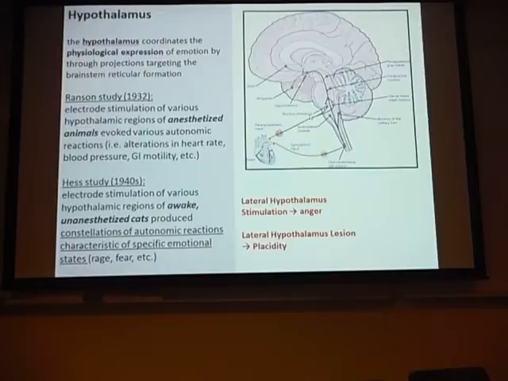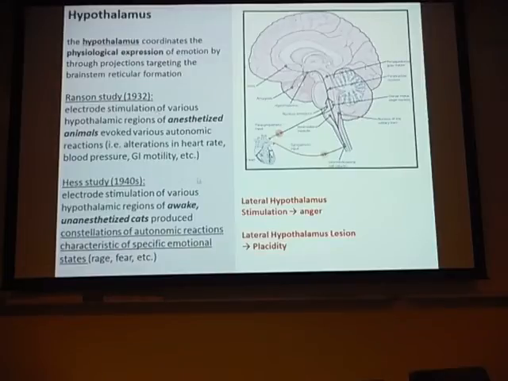It's also going to synapse directly on places like the vagal nucleus, the dorsal motor nucleus of the vagus, which is sometimes called the nucleus ambiguus. I mentioned that one last week. The vagus nerve is going to be important for controlling heart rate and respiratory rate. So the hypothalamus is going to have direct projections to those neurons that control the viscera, like the heart.